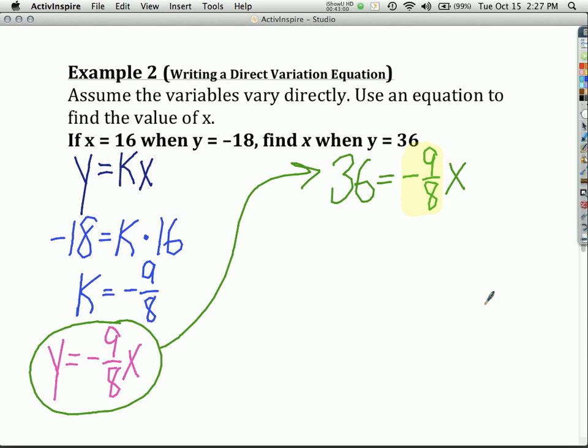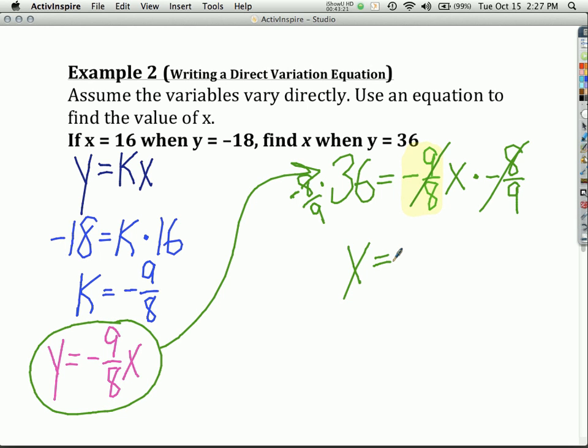Good. Multiply by the reciprocal. So we're going to multiply by negative 8/9 and multiply by negative 8/9. And that's easy to do. This cancels this, and we get x equals what? Alexandra, then John.